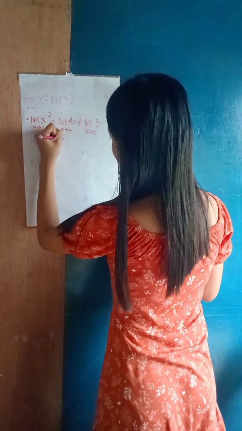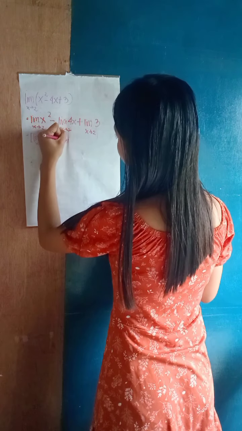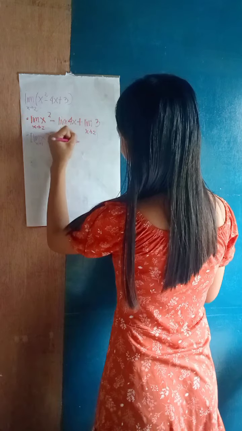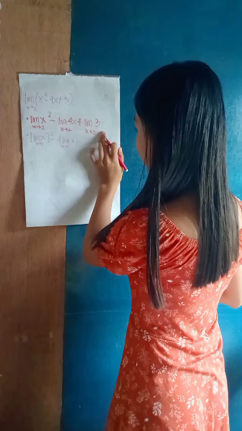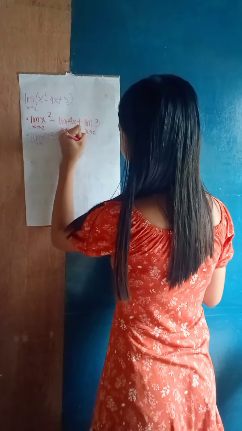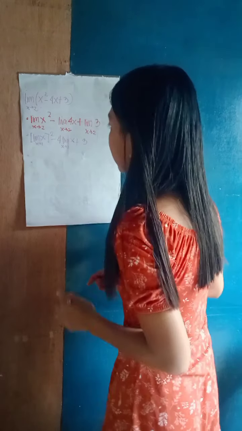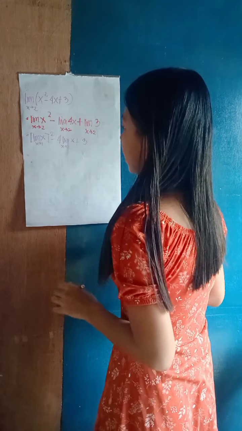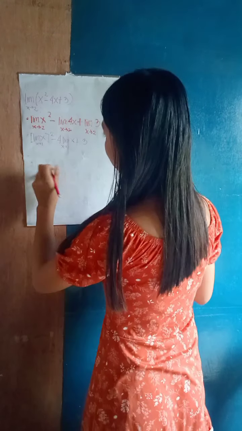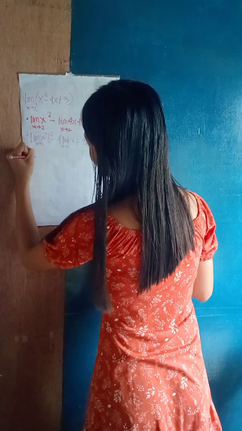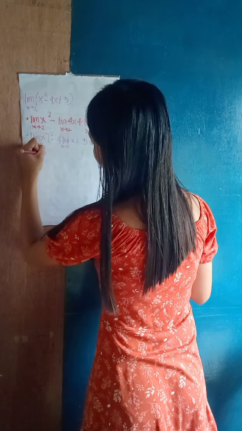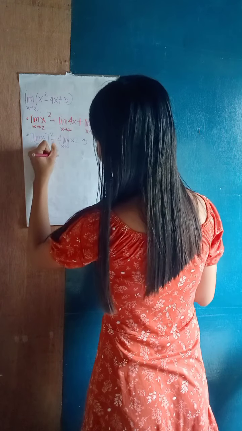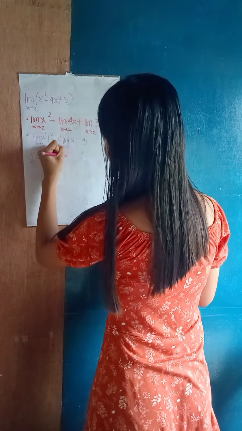This will become 4 limit x as x approaches 2 plus, since 3 is constant, then copy 3. Then, substitute the value of a to limit x, and that is limit number 2. So, 2 to the power of 2 minus 4 times 2 plus 3.